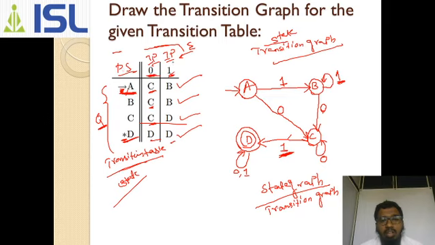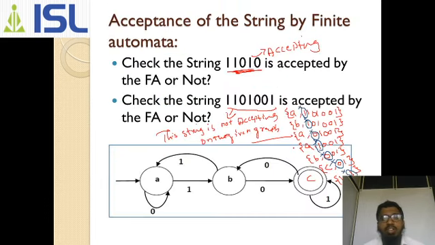Based on this table we drew the transition graph, okay, and we saw string acceptance. We took the strings and solved them and saw which string is accepting. This string is accepting and this is not accepting, okay, fine.